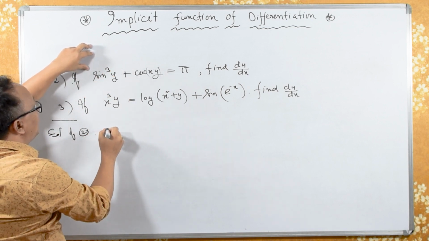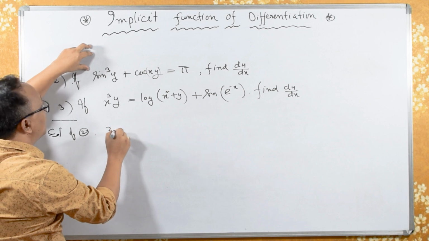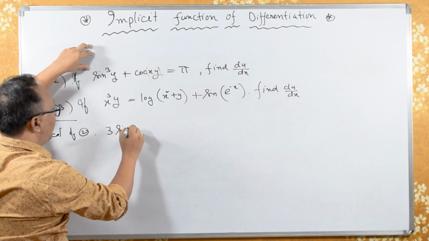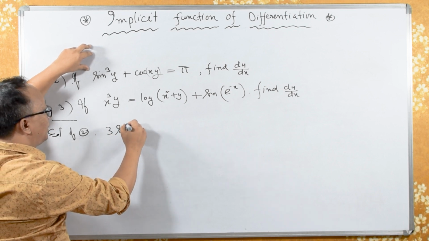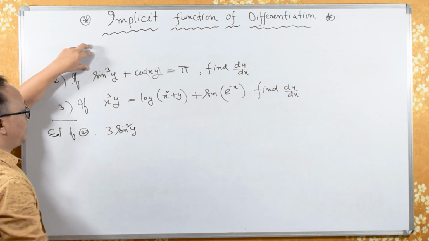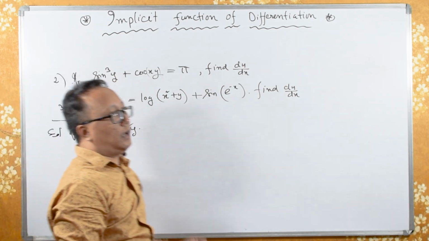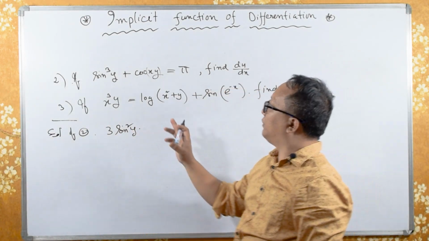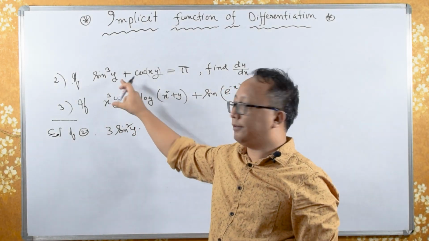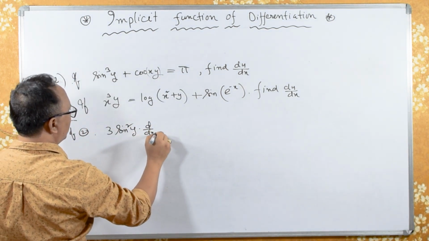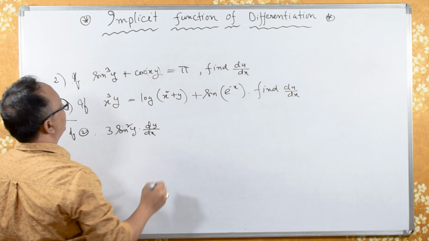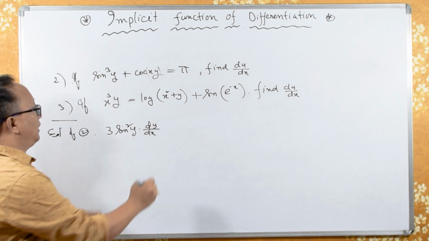Therefore the differentiation is 3 sin of y the whole square, so I can write 3 sin square y into. Now since I am differentiating with respect to x, and we have y, therefore we get d by dx of y, or you can say dy by dx. This is over.